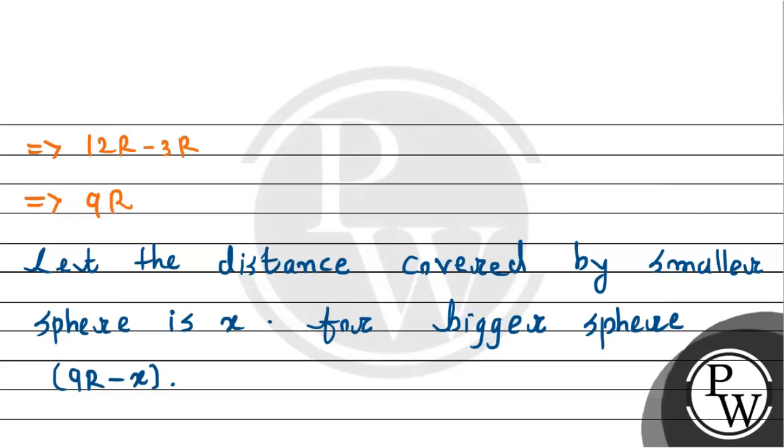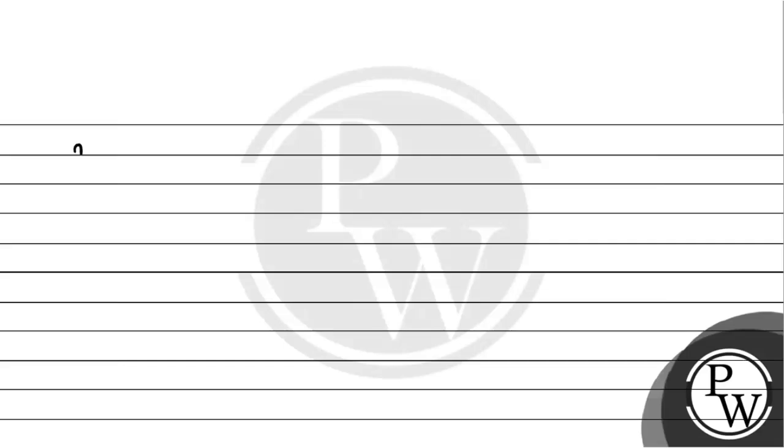Now we can calculate the value of x by using the formula we have written above. That means, by using the concept of center of mass, m1 d1 equals m2 d2. So m1 is capital M, d1 is x, m2 is 5M, and d2 is 9r minus x.